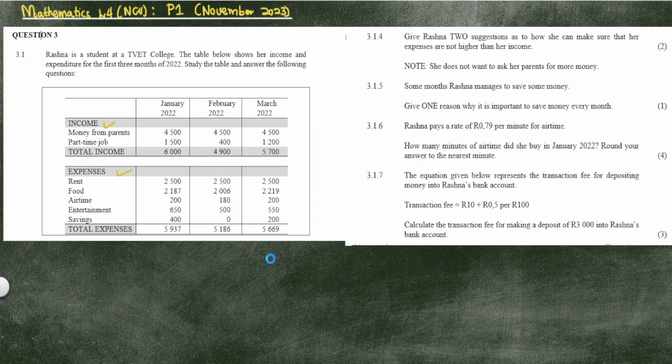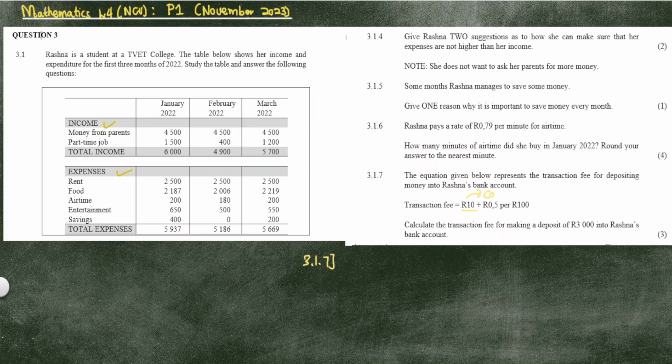All right, then we go for the last one, 3.1.7. The equation below represents the transaction fee for depositing money into Rashna's bank account. The transaction fee, it says 10 rand, which is constant.